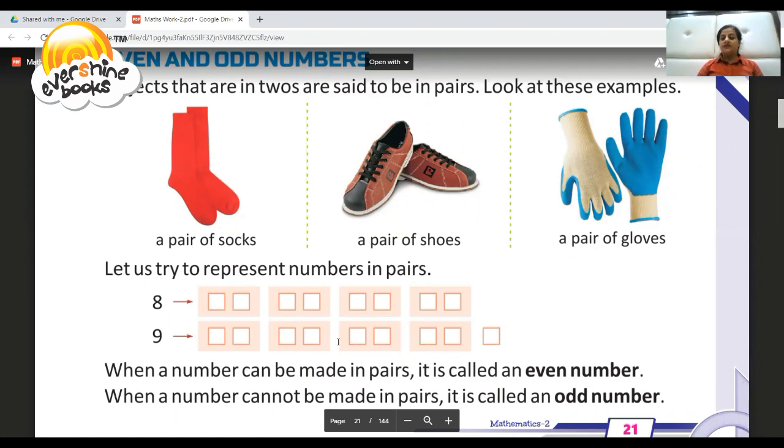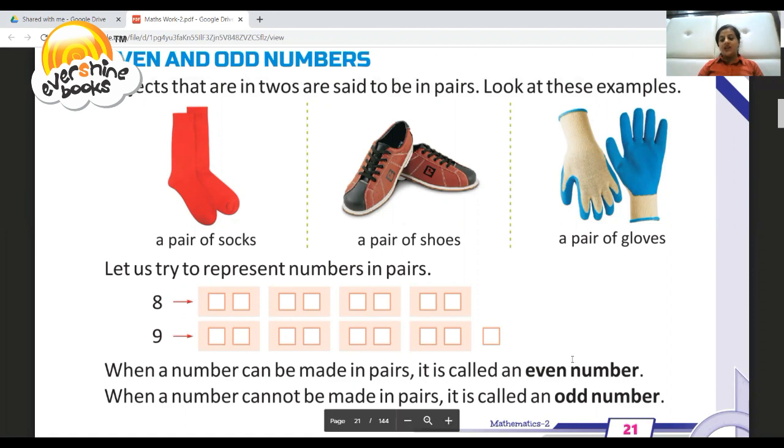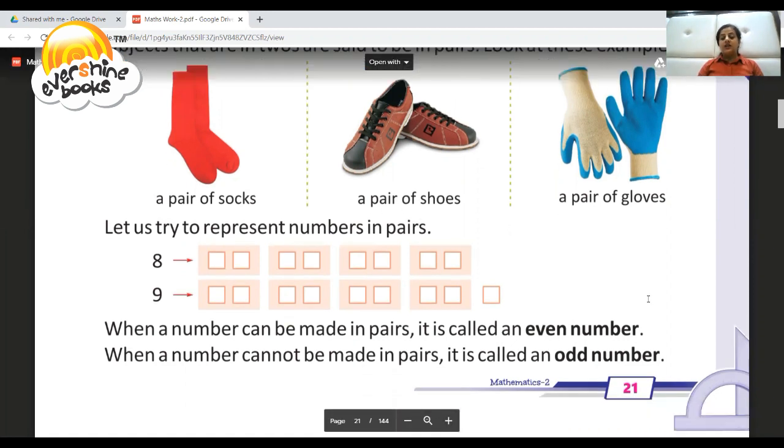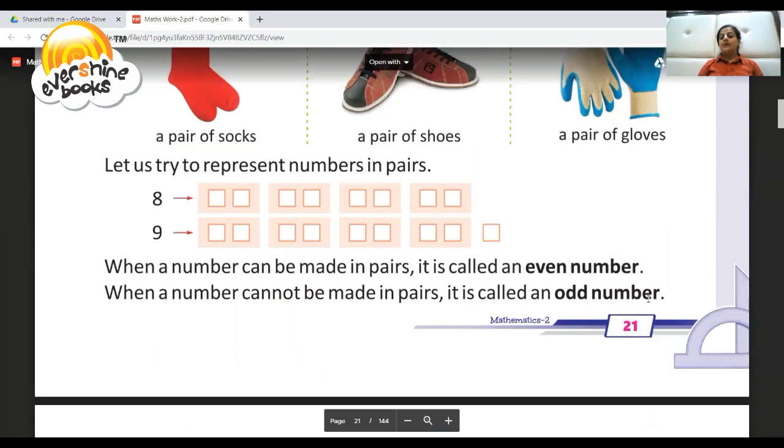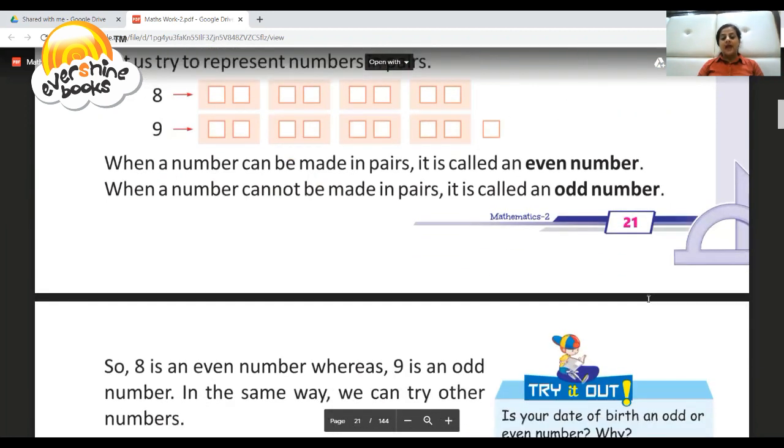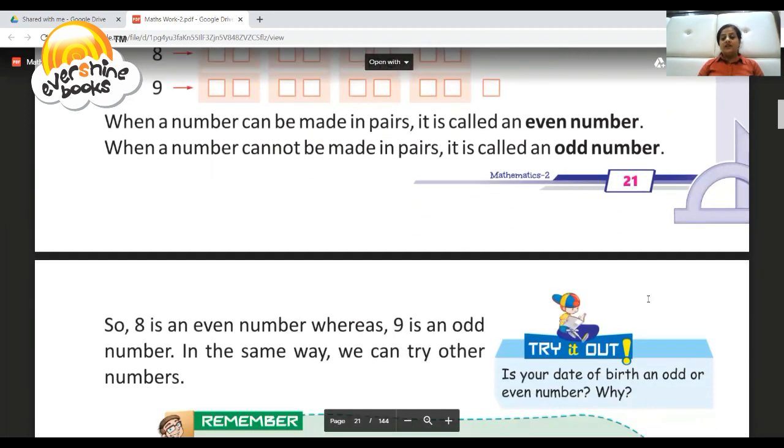It is having the same pairs, that is 1, 2, 3, 4. But 1 is extra, so it is having no proper pairs. When it is not having proper pairs, it is called an odd number.